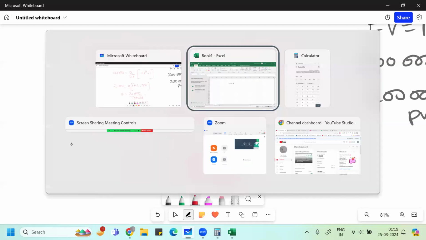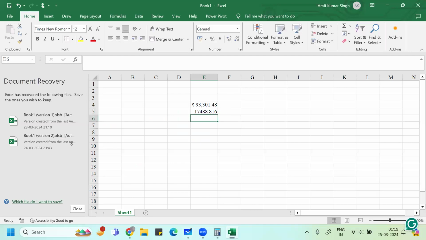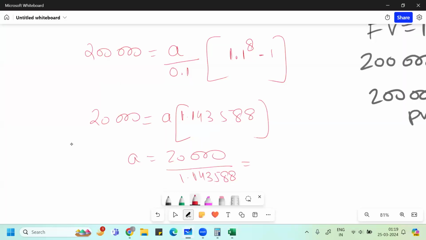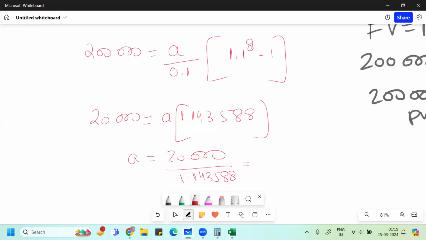20,000 divided by 1.143588 will give you approximately 17,489.